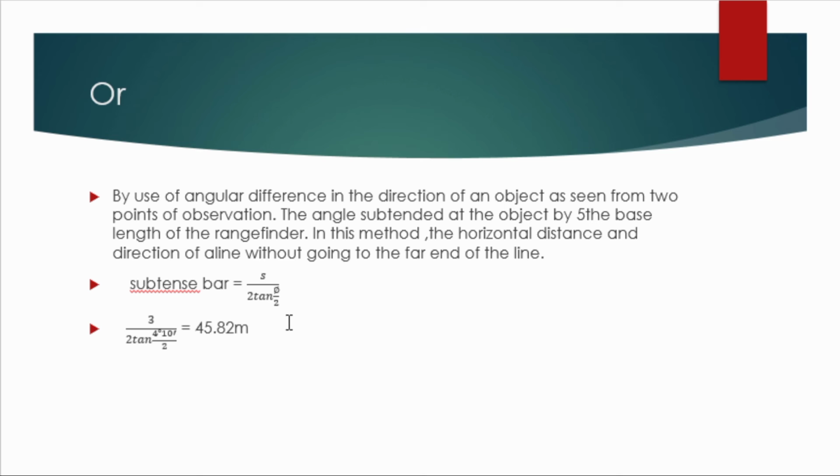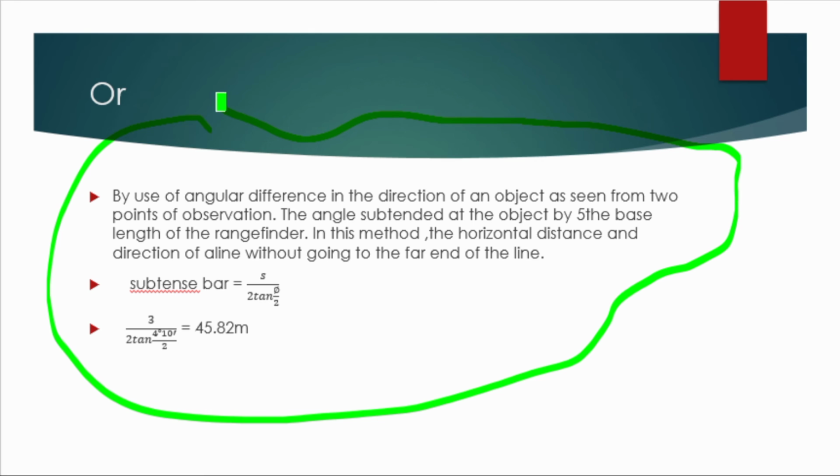The substance bar method is equal to S over 2 tan theta over 2, where S is the staff intercept. This is the reason that made me use this formula, but I've not proven it well. The formula is in much research, so you can analyze. Remember, this is an OR.